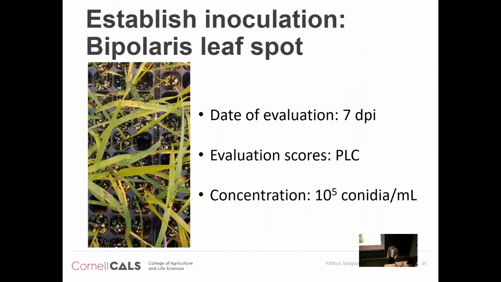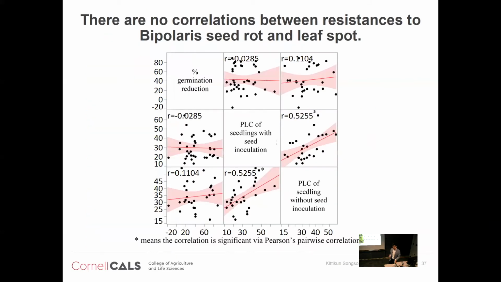And at this point, I was wondering if the seeds that were inoculated before and survived those pathogens can also have increased resistance when they grow up as seedlings. But based on that experiment, I found that there's no correlation between the resistance to these two diseases.